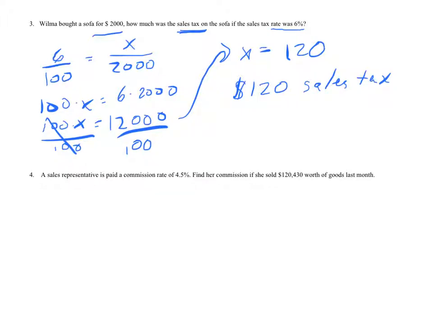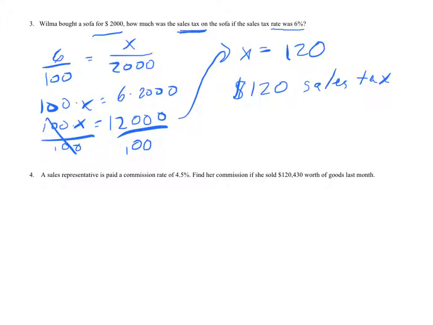Our next problem involves commission. Number 4, a sales representative is paid a commission rate of 4.5%. Find her commission, the actual dollar amount, if she sold $120,430 worth of goods last month. So we're given the commission rate.